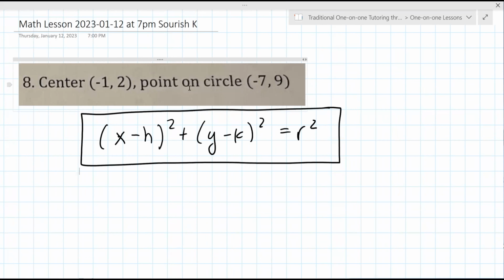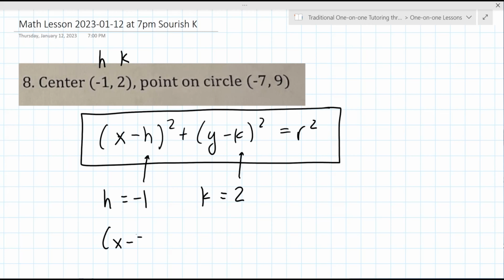Now the center is given as h and then k. So in your problem, h is -1 and k is 2. All right. So we can put those into the equation. X minus -1 squared plus y minus 2 squared equals r squared.